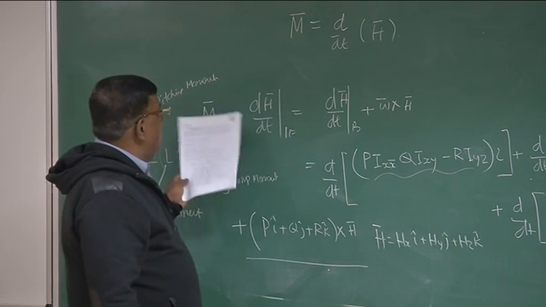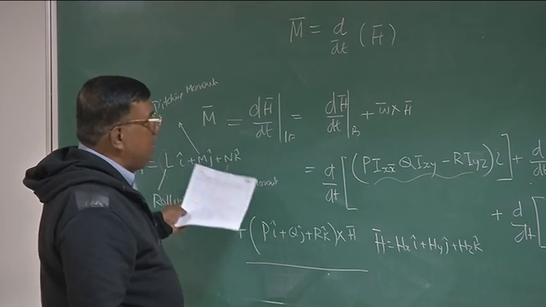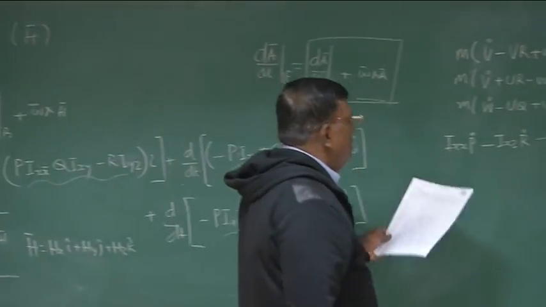So now if I take L, M, N and compare their scalar components, we get this sort of equation.